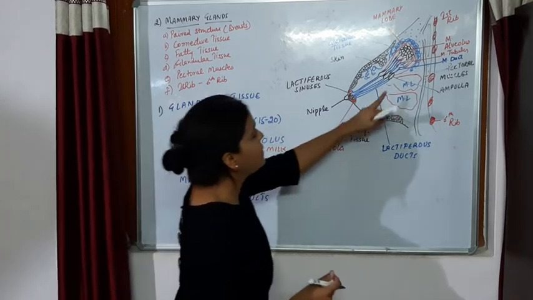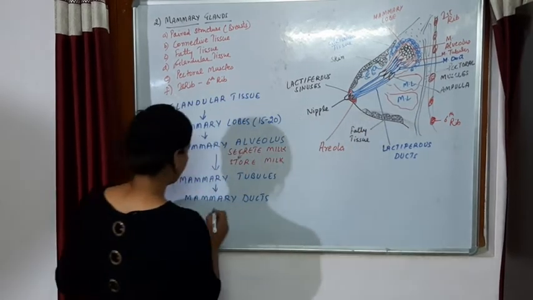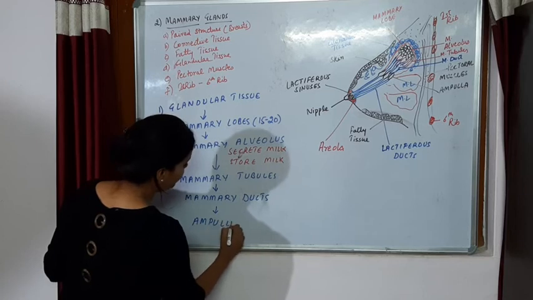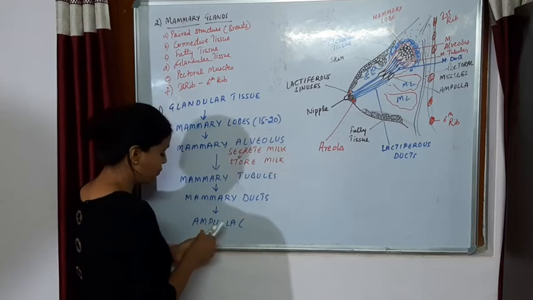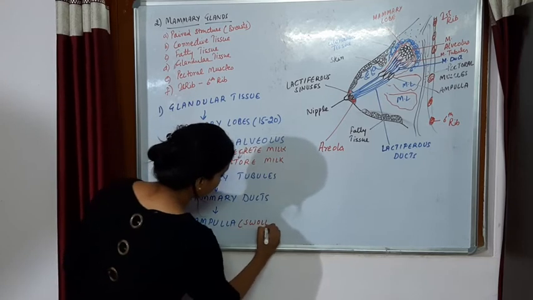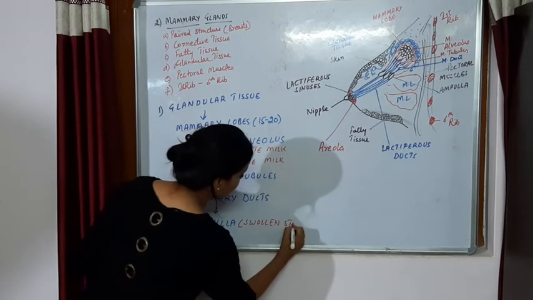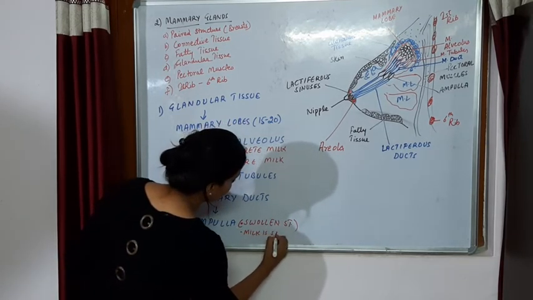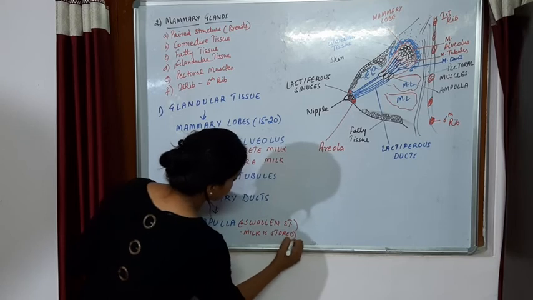And through the mammary duct, another structure is the ampulla. Ampulla is a little bit swollen type of structure, right? So it is a swollen structure where again the milk is stored, right?